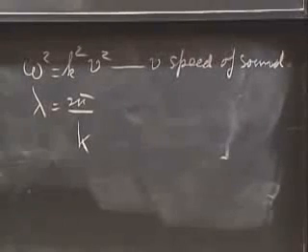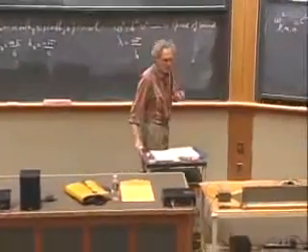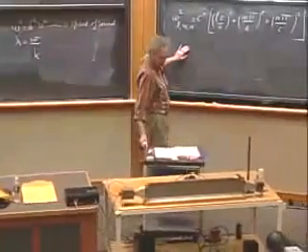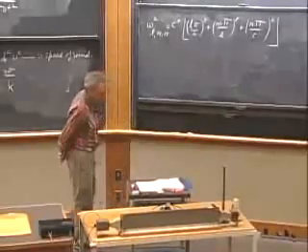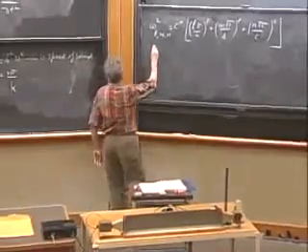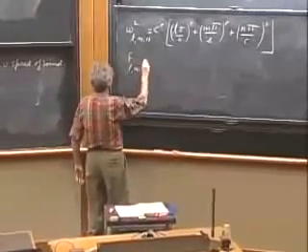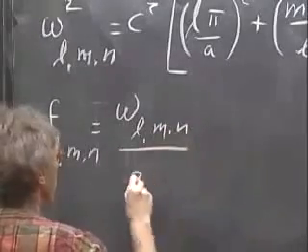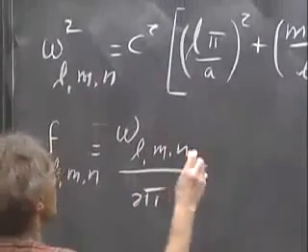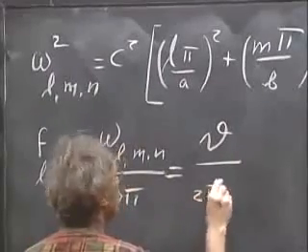I'm going to rewrite that equation on the blackboard in terms of frequency in hertz, because it's going to play a key role in the demonstration that is coming. So it is exactly the same result that you see here, but I'm going to write it now as f as a function of L m n, which is omega L m n divided by 2 pi, which is therefore v, which is the speed of sound, divided by 2 pi.